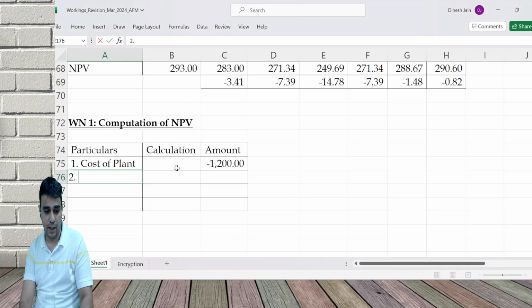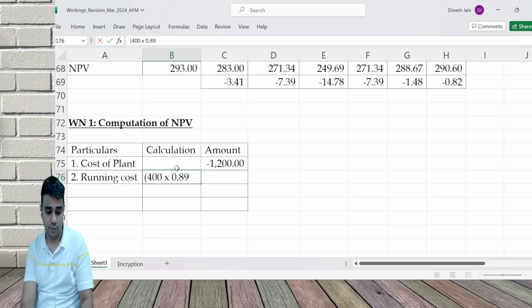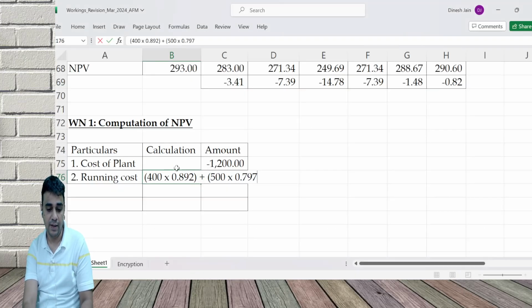Point number 2: running cost. 400 into first year factor 0.893, plus 500 into second year factor 0.797.